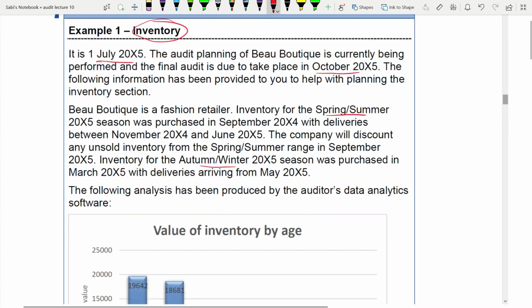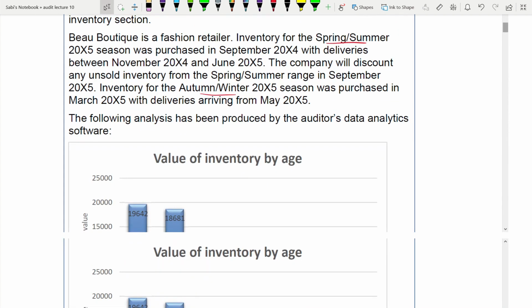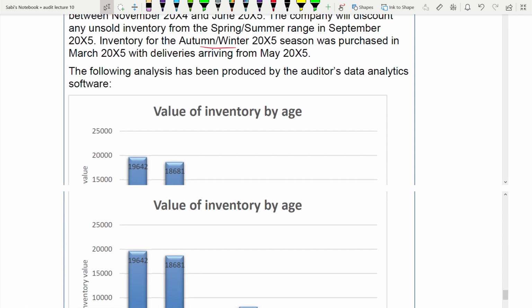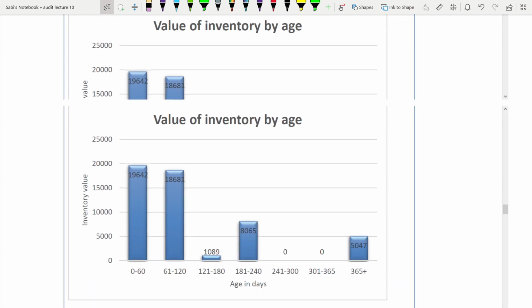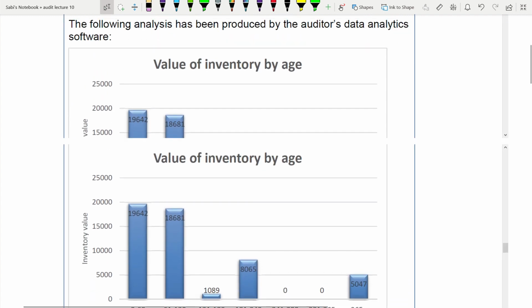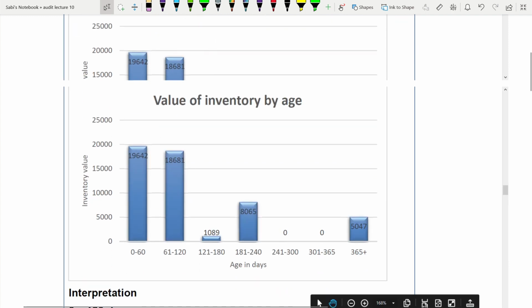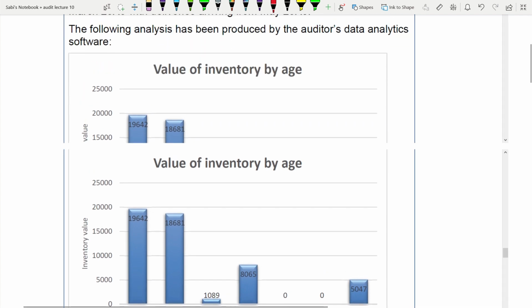Now you have been given the following analysis of the inventory by age and the value of inventory. This is the inventory value, with the days. They have given the days also here.